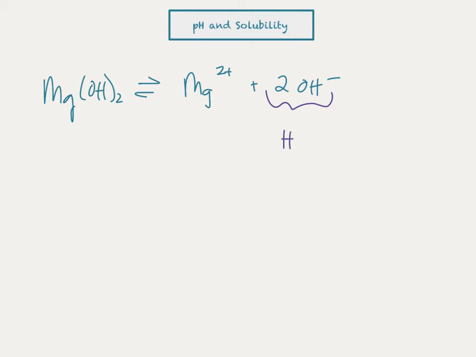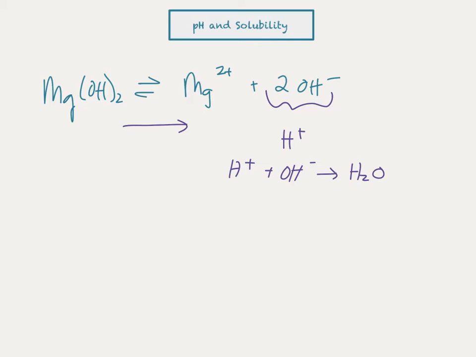If you add in a strong acid that produces the hydronium ions that will attack the OH minuses, basically, you're going to make the reactants turn into more products because of Le Chatelier's principle.